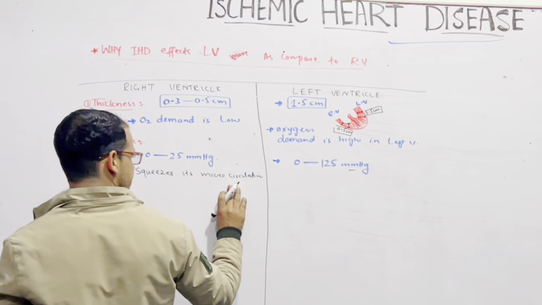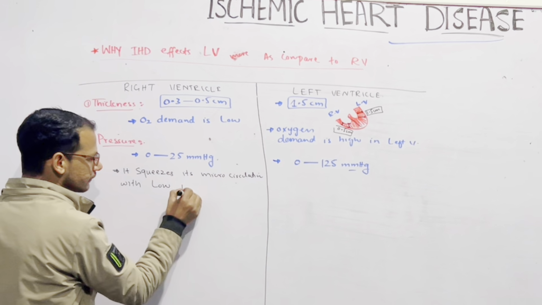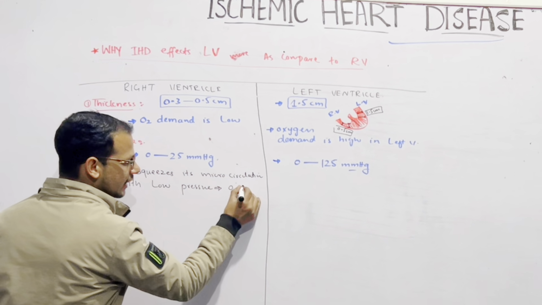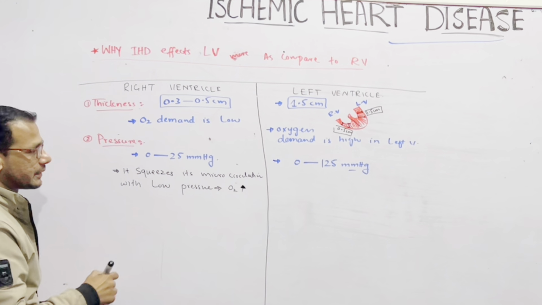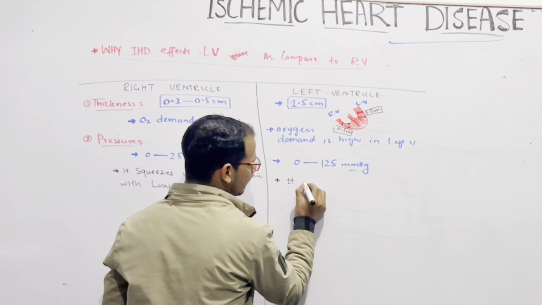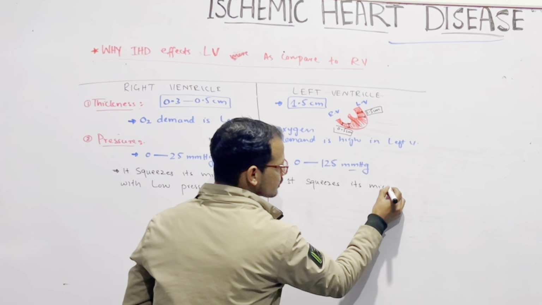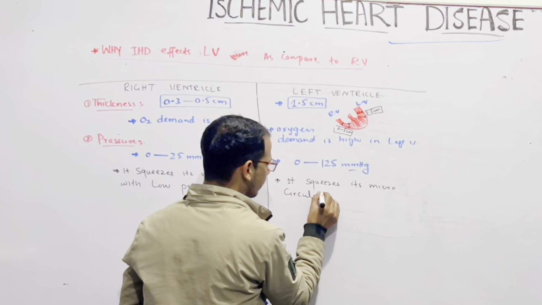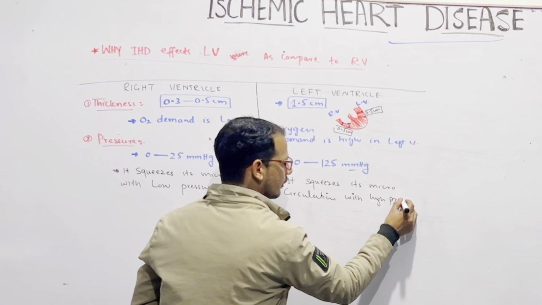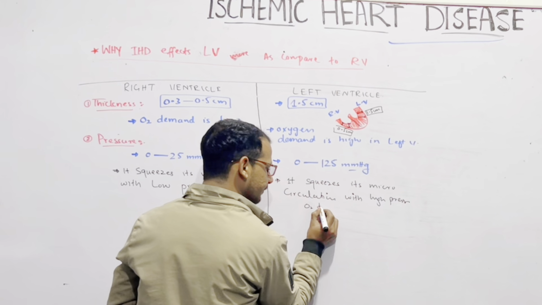If it squeezes its microcirculation with low pressure, oxygen supply will be higher here, as compared to here where the pressure is high, so it squeezes its microcirculation with high pressure. So it will block its microcirculation, and oxygen supply will be reduced here.